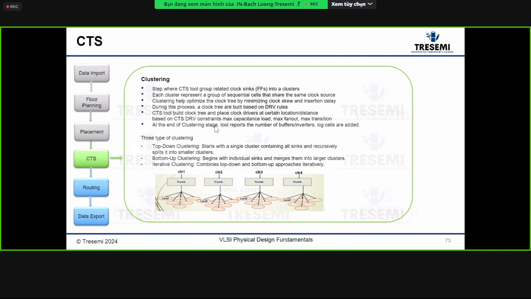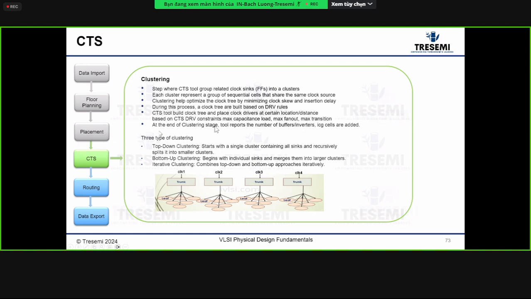In CTS the clock nets also have to obey the DRV rules, but the DRVs on the signal nets are still being fixed in CTS too. So CTS builds the clock tree and places clock drivers at a certain location and distance based on the CTS DRV constraints: max cap, max fanout, max loads. At the end of clustering, the tool reports the number of buffers, inverters, and ICGs added.